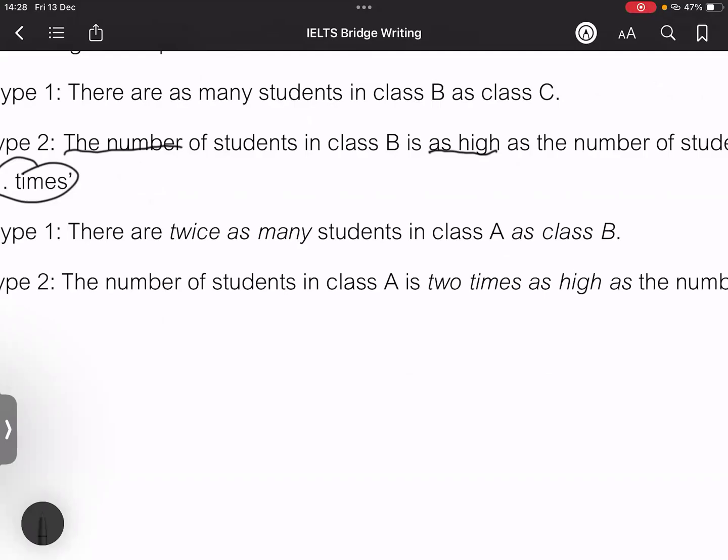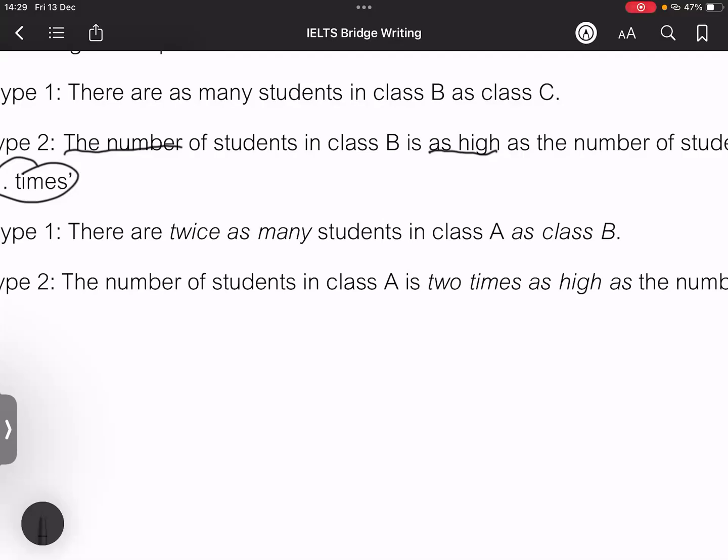If I don't have the word twice in front of as, it simply means Class A equals Class B in number of students. But when I add twice, it changes the meaning. It tells you that Class A is actually greater than B by a factor of 2.